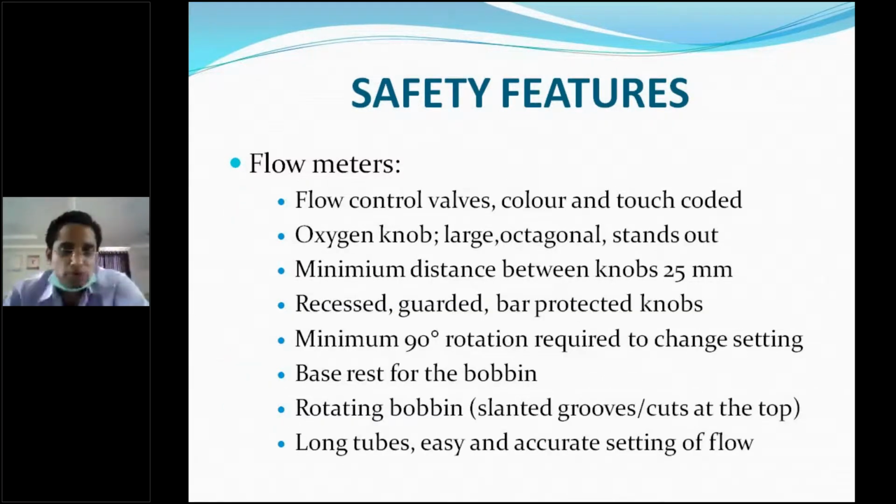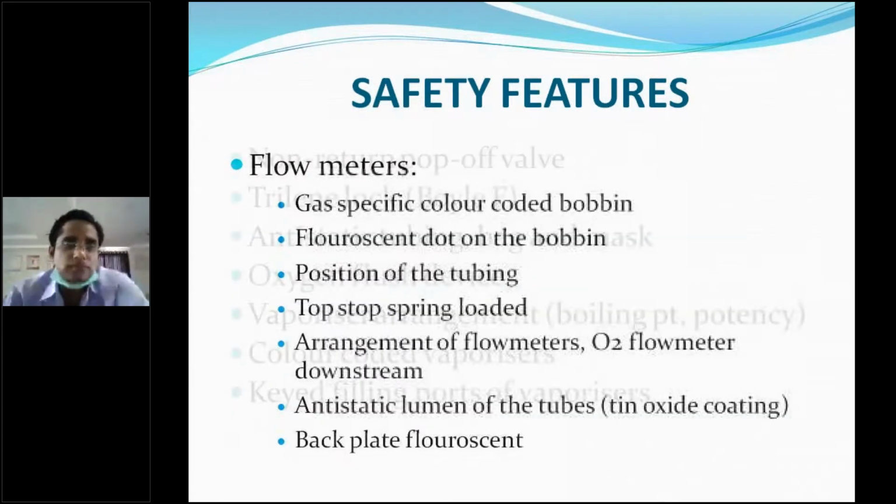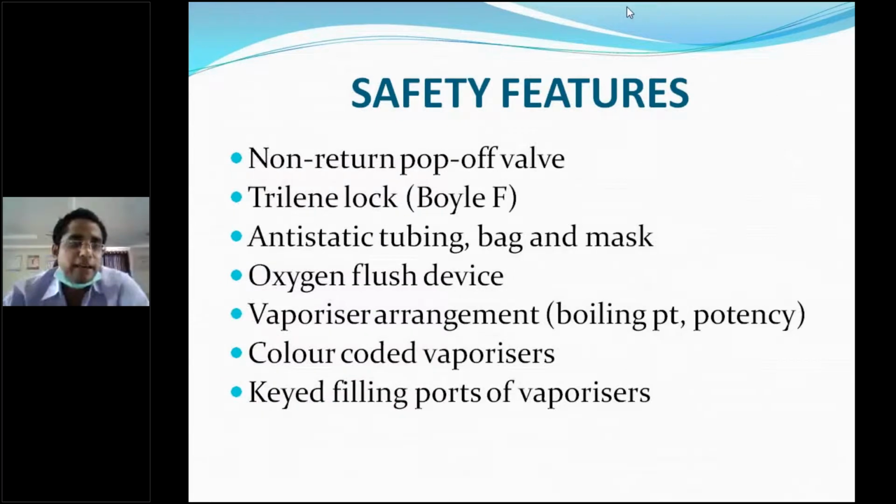And the other one is the flow meters. And we have a non-return pop-off valve, which I have told you now. And one is the Trilene lock. This is not used nowadays. Trilene is a previous old age anesthetic agent, which is used to give anesthesia. We have an anti-static tubing on the bag and mask, oxygen flush device, vaporizer, color-coded vaporizers, and keyed filling ports for vaporizers.